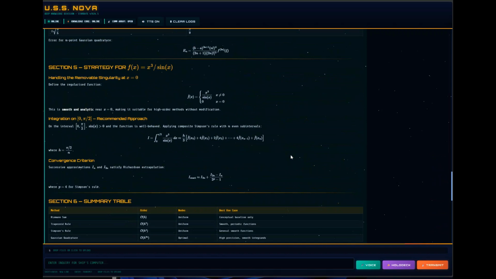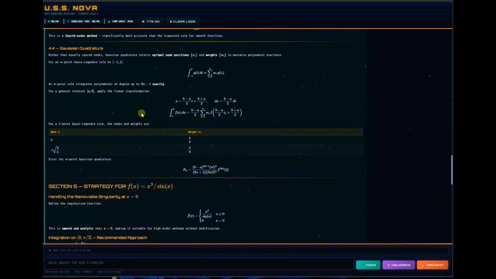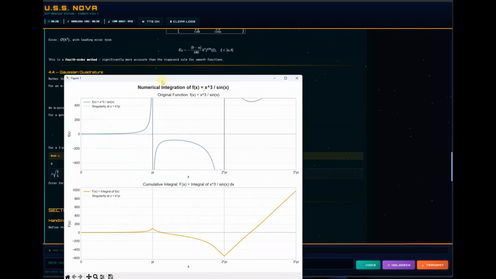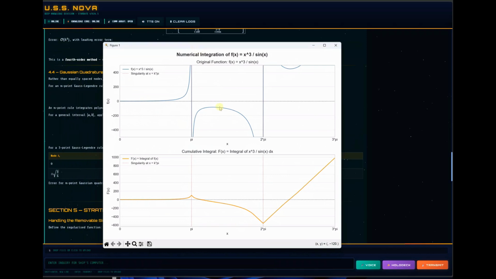So integration recommended approach on the interval, Planck-Simpson's. Yes, it's doing it numerically in the end from that power series expansion. That's incredible stuff. And that's the integral itself, x cubed over sine x.